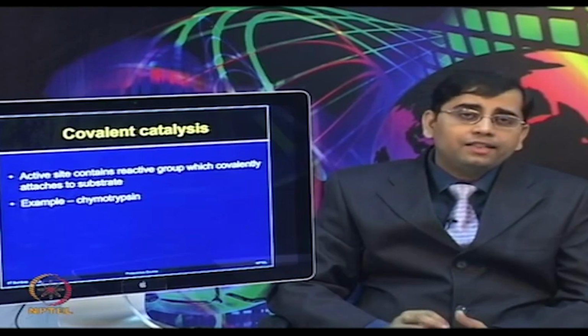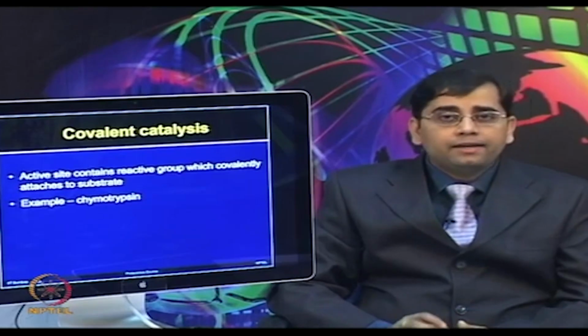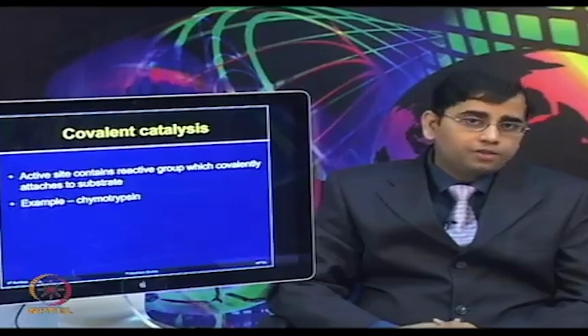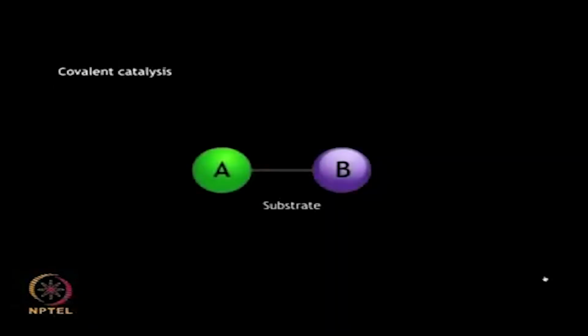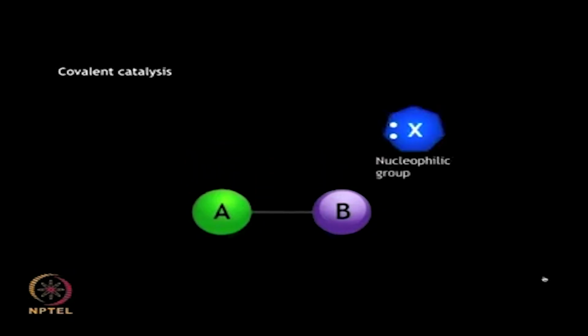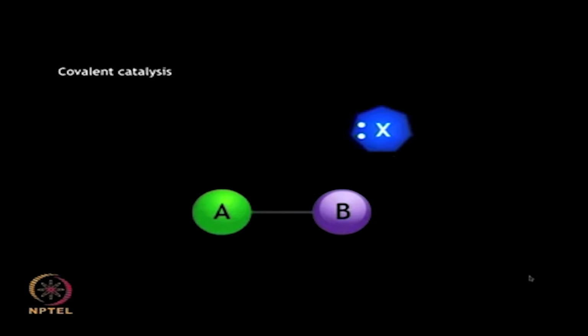It plays a very central role in the catalytic activity of chymotrypsin. Covalent catalysis involves the formation of a transient covalent bond between the nucleophile present in the enzyme and the substrate molecule.